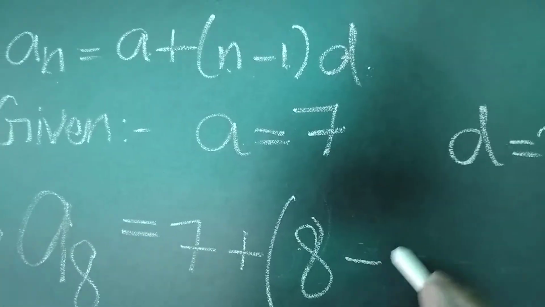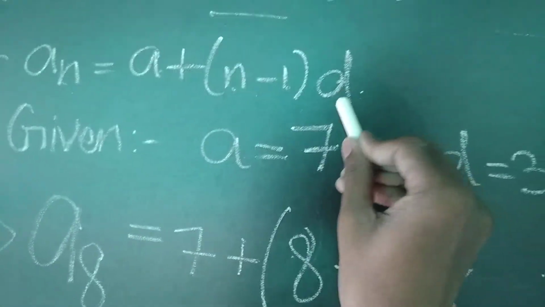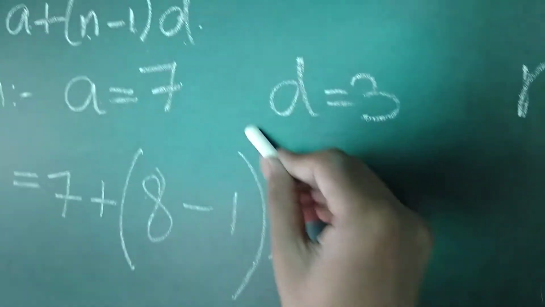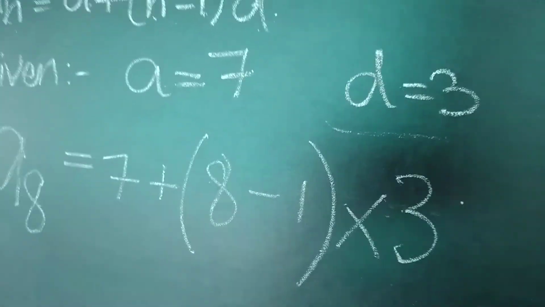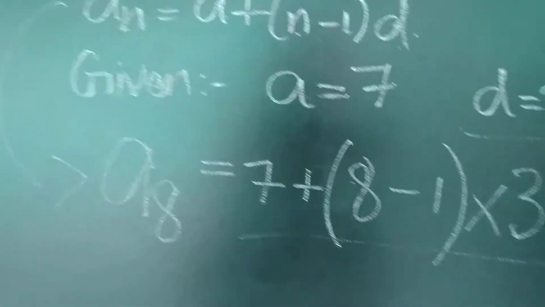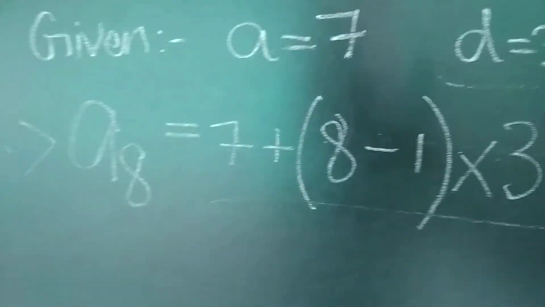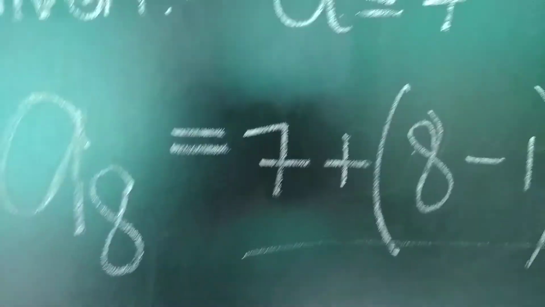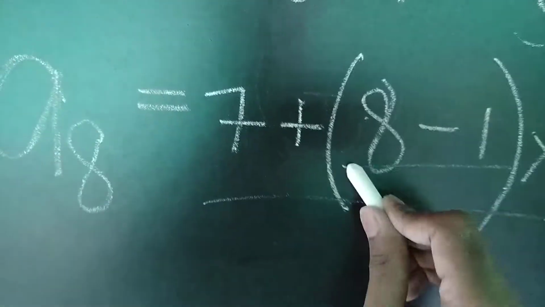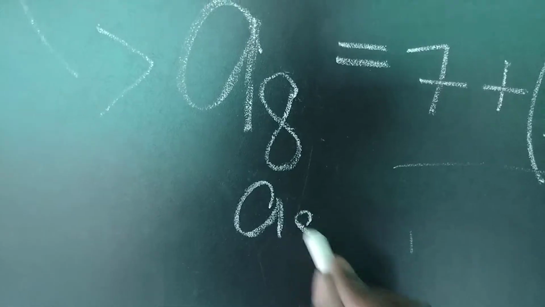So write minus 1 into d. So d is 3. So let me write 3. So we need to solve this RHS part to get the value of a8, the 8th term of this AP. So how to solve means whichever is there in the bracket, that one you need to solve first. Remaining all you just write as it is.